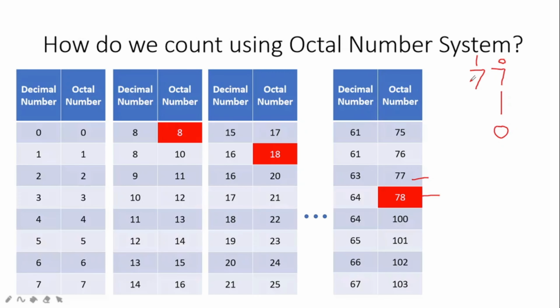Now this 7 has a carry, so again find out what comes after 7 in the octal number system: 10. Now this 7 has no number in front of it, so the 10 will be written as it is. This 1 will not be carried forward because there is no number to forward the carry to. So 100 will be the next number after 77 in the octal number system, and this goes on.